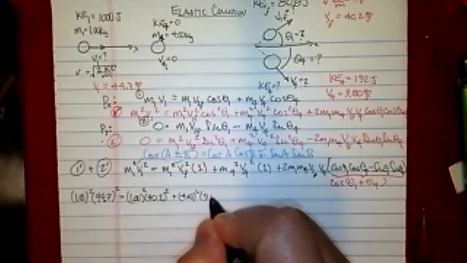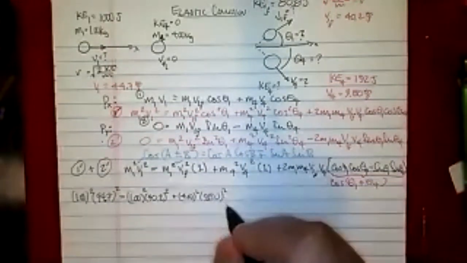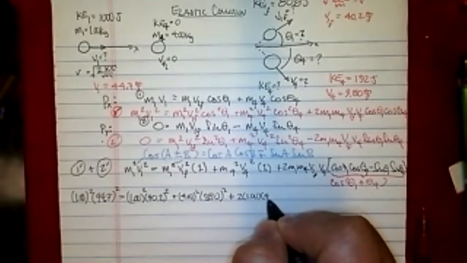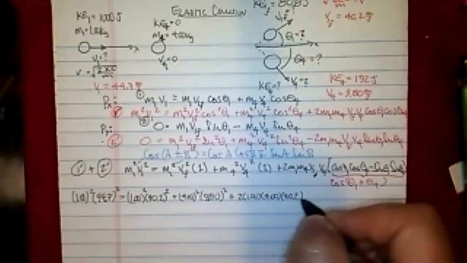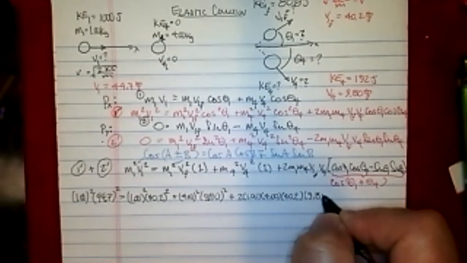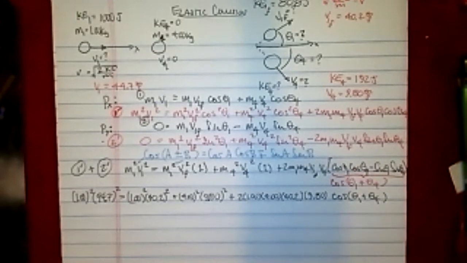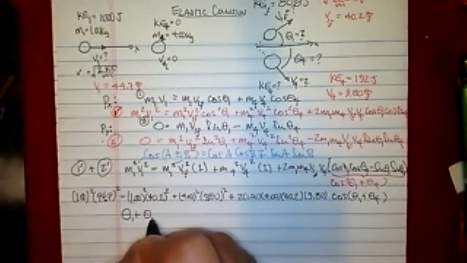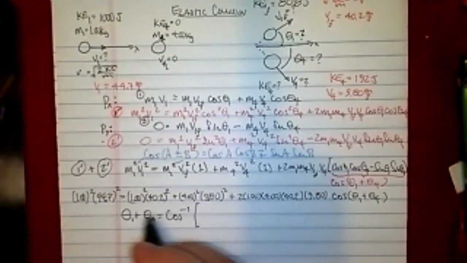V4 is going to be 9.80 squared. That's a 0.80. And of course, that's times 1. Plus 2 times 1.00 times 4.00 times 40.2 times 9.80 times the cosine of theta 1 plus theta 4. So that's easy enough. I can see that theta 1 plus theta 4 is going to equal the cosine inverse, or the arc cosine, if you will, of all this junk.